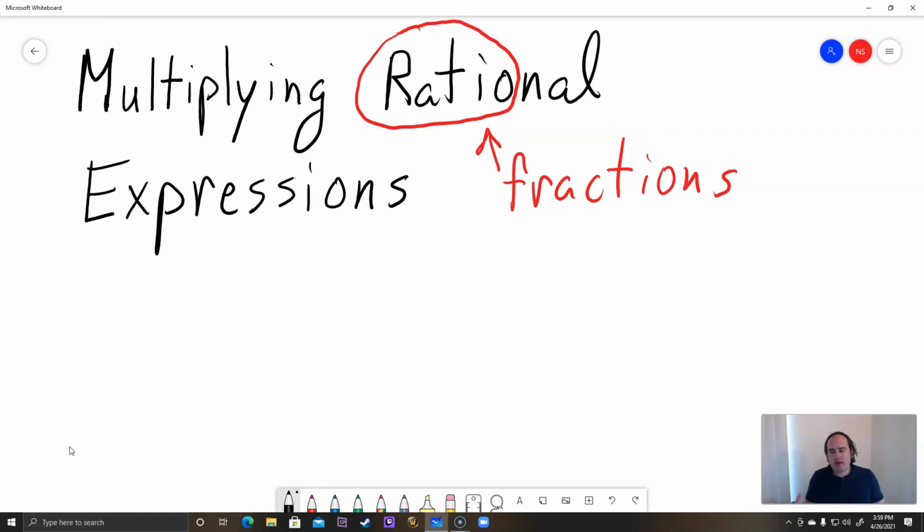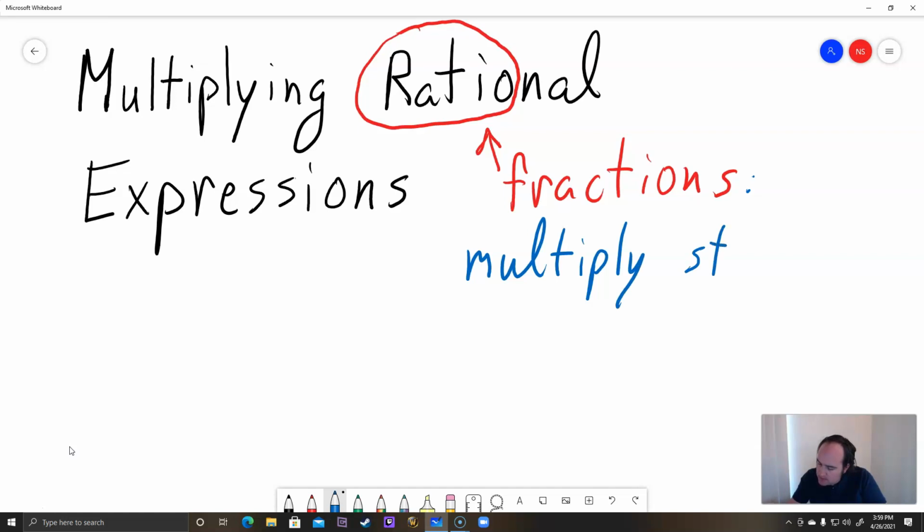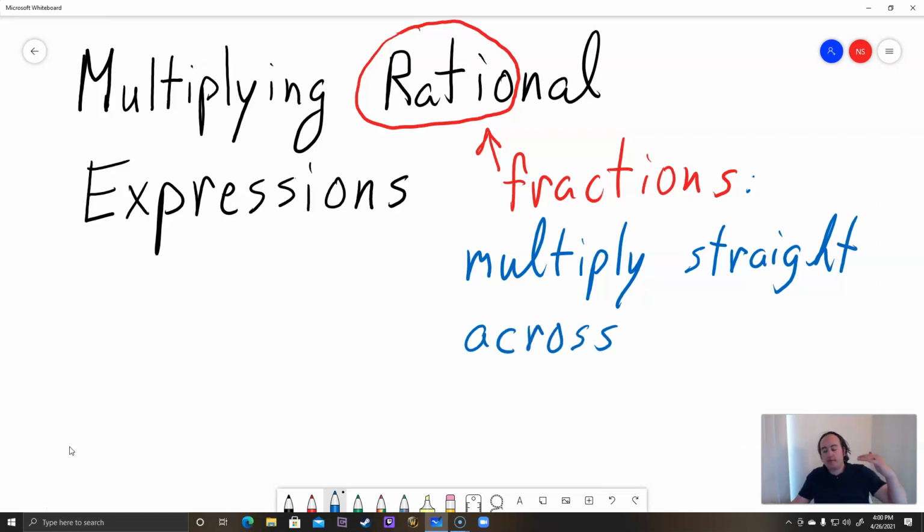Now, how do you multiply fractions? You multiply fractions straight across. So when you're multiplying rational expressions, which are fractions, you multiply straight across. That does not mean you cross multiply. Rather, it means that you multiply the numerators directly across and then the denominators straight across.